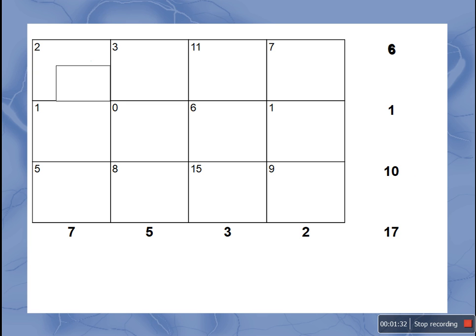For this cell, the supply value is 6 and the demand value is 7. So we are going to allocate the minimum of these two numbers, which is 6. So we have allocated 6 here, and from this 7 units we have allocated 6 units, so we have only the balance of 1 unit here.